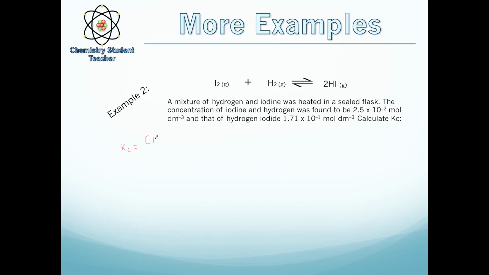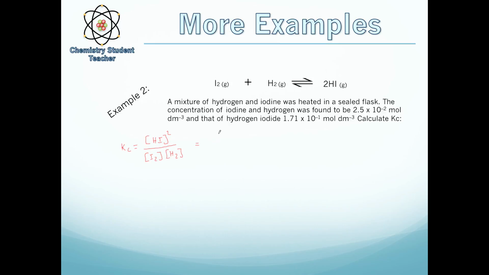So we know that Kc is products over reactants. So products, in this case, are HI, and because we have 2 moles of that, it's squared, over the concentration of I2 times by the concentration of H2. And there's only 1 mole of each, so it's just itself because it's to the power of 1.